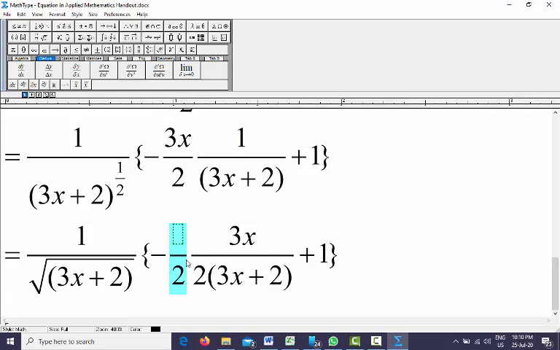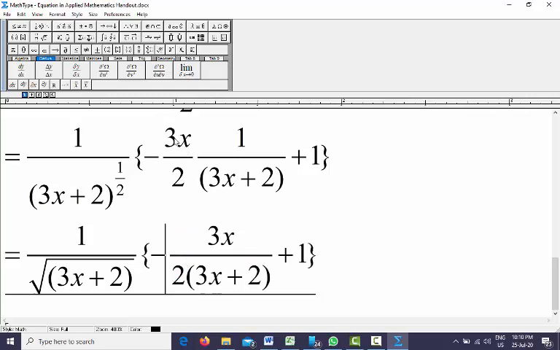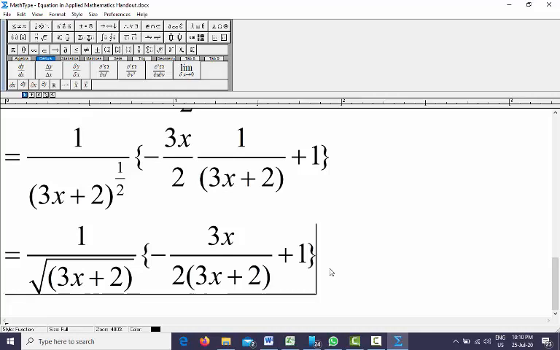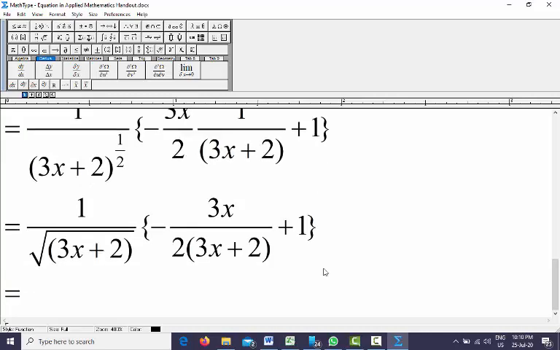I'm saying again, this 3x will get multiplied by 1, and this 2 will get multiplied by 3x plus 2. You can keep it like that. If you keep it like that, you will get full marks in the exam.